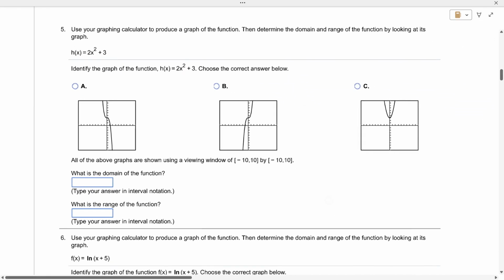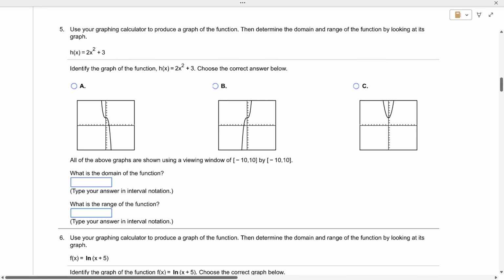Okay. It says use a graphing calculator to produce a function. So you graph it. 2x squared plus 3. Should look like a what if it's x squared? A squaring function, but a parabola. Now, a normal parabola goes through 0, 0, 1, 1, 2, 4, and so on.